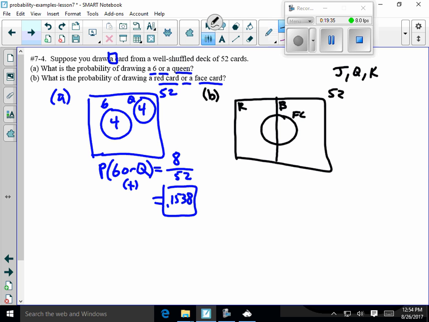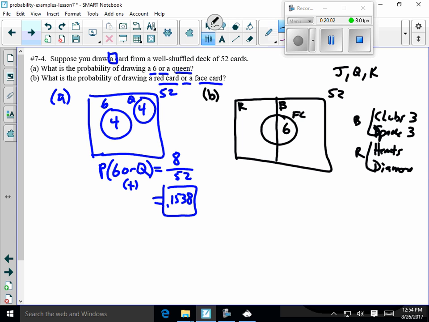Well, there's jack, queen, and king, and the suits are clubs and spades. Those are black suits, and then there are hearts and diamonds. Those are red suits. So if there's a jack, queen, and king for each of these, that means 3 of the clubs are face cards and 3 of the spades are face cards. So 6 of the black cards are face cards.